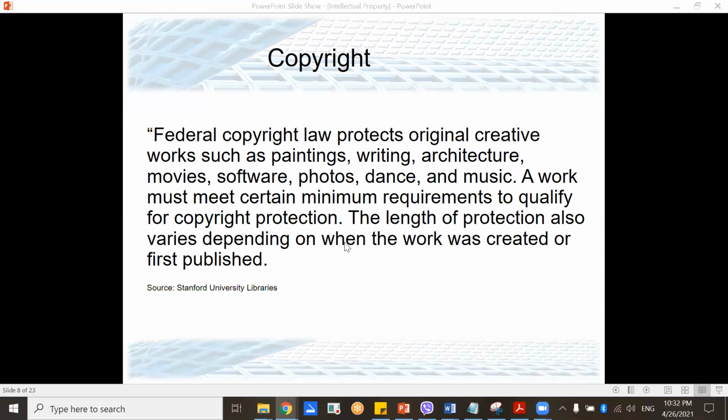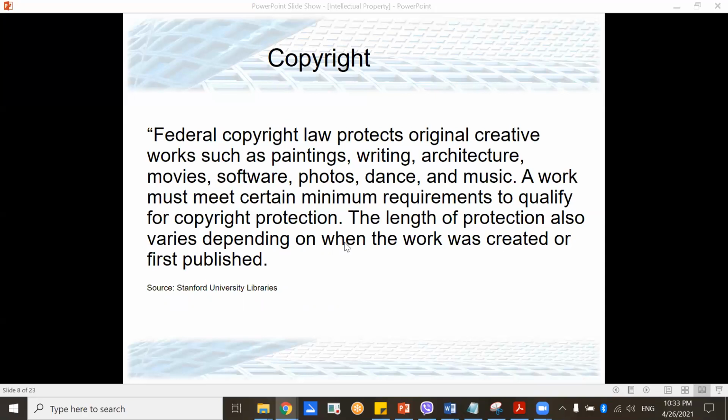We talk about it from the perspective of the United States. It's basically the same definition everywhere, but when we talk about laws, there are different laws. For example, Europe and the United States might be a little bit different. So copyright is the form of protection provided by the laws of the United States in Title 17 U.S. Code to the authors of original works of authorship.